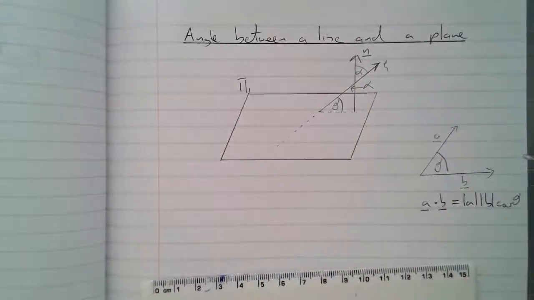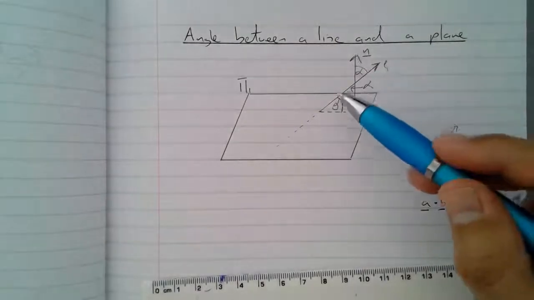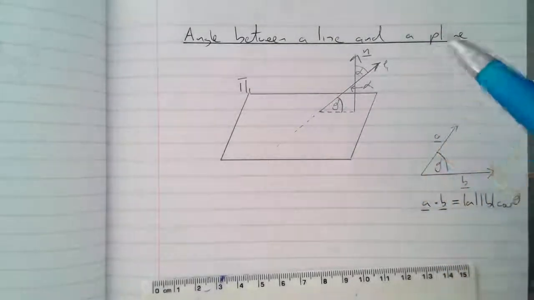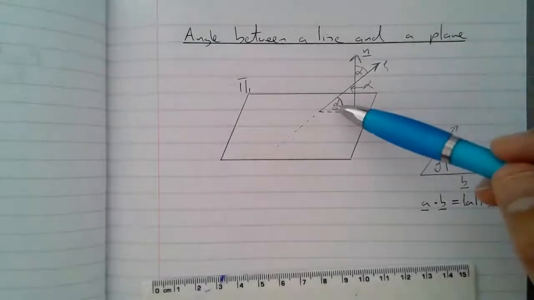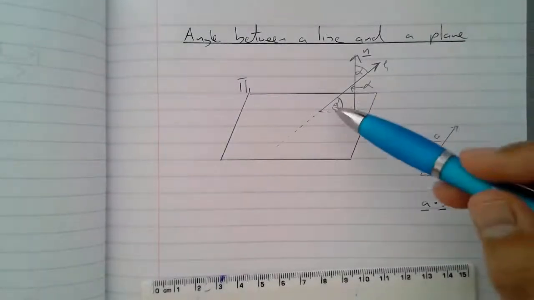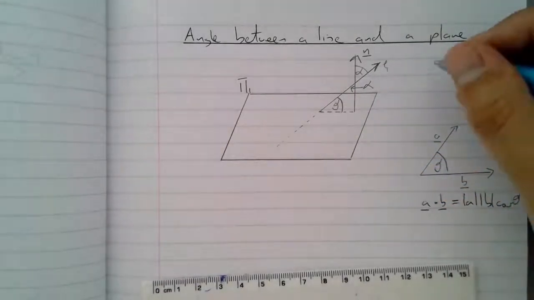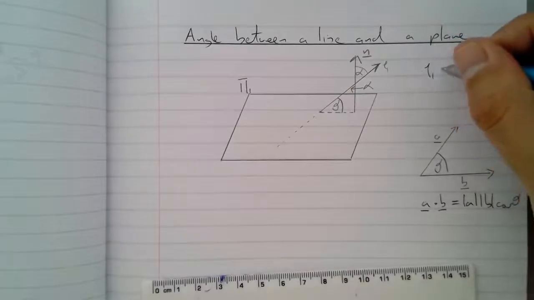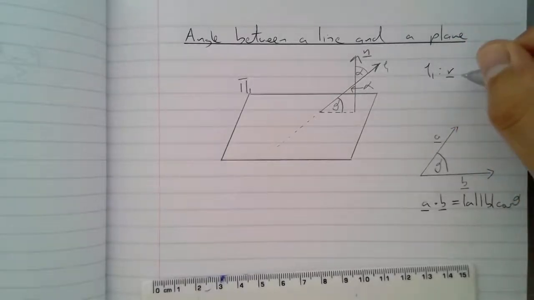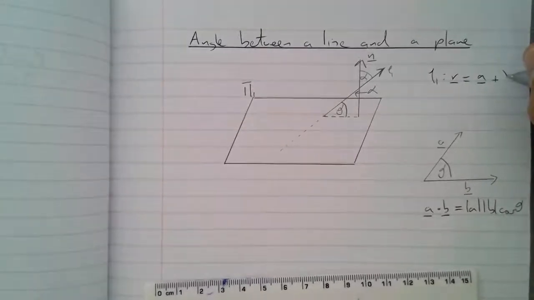So this is the idea. If I've got the normal vector and whatever this vector is, I should be able to find this angle theta in here. However, it's really important that you think about what the vector of the line is. So obviously L1 would be defined as r equals a plus lambda d.